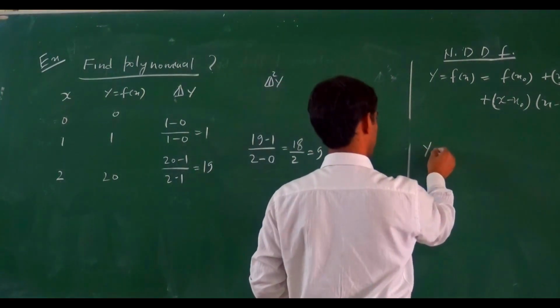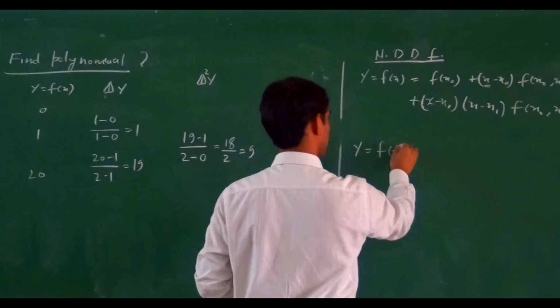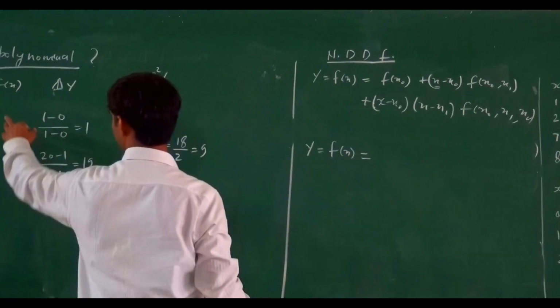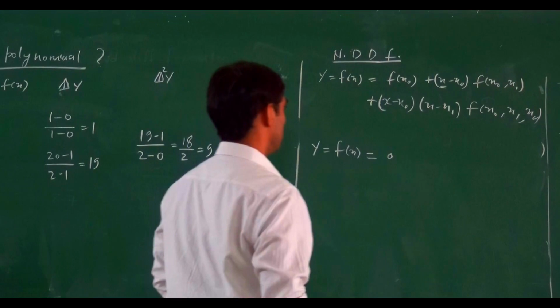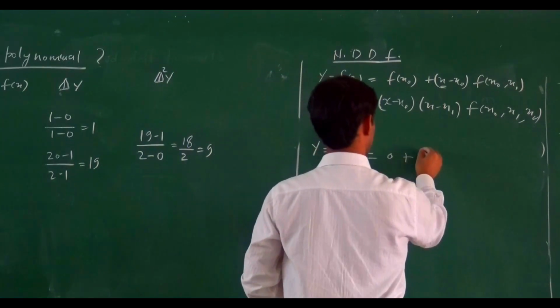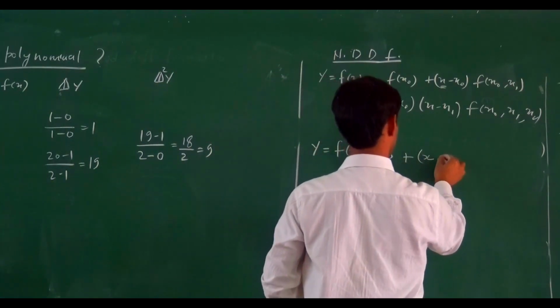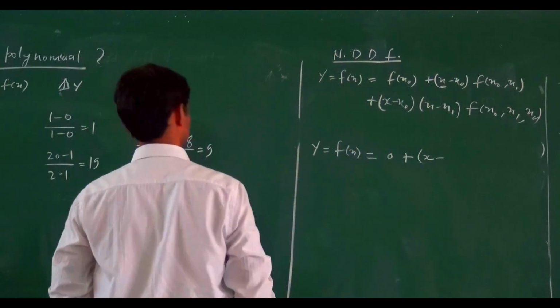So if we put in the values, y equals f of x, what is the value of f of x0? The value of f of x0 is 0. Plus x minus x0, where x0 is 0.